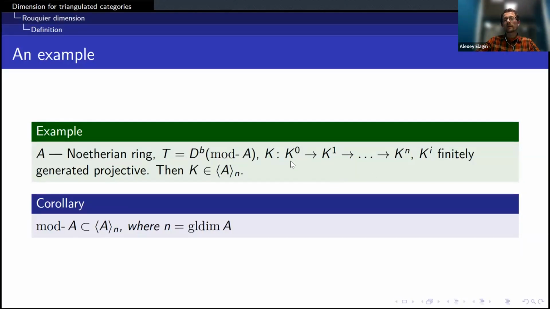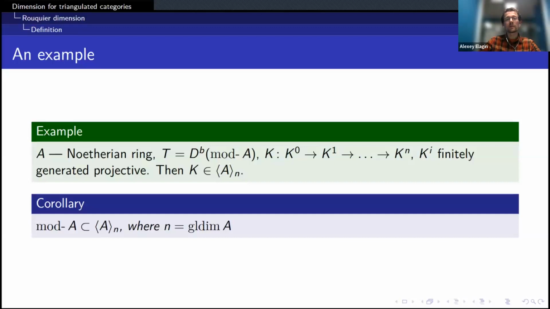And if we assume that the K_i are free, then this complex can be obtained by taking n cones from its stupid truncations. So if I denote the complex starting from K_1 and ending at K_n by X_{n-1}, then this long complex is a cone of a morphism from K_0 to this X_{n-1}. And taking one more cone, we obtain this K. So by induction, we can see that K belongs to G_n.